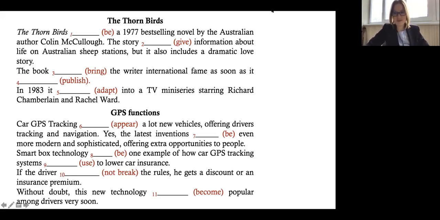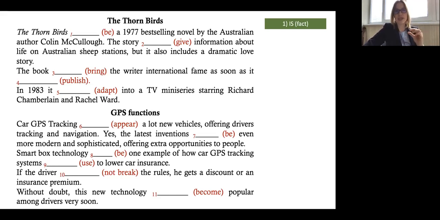And it's high time for us to reveal the correct answers and to discuss them in great detail. First of all, in sentence number 1, the correct answer is is. Let's read the sentence to understand why it's present indefinite and not the past indefinite, for example. The Thorn Birds is a 1977 best-selling novel by the Australian author Colleen McCullough.